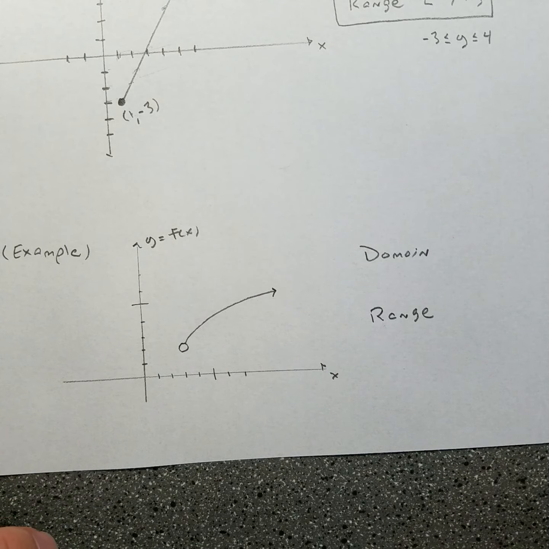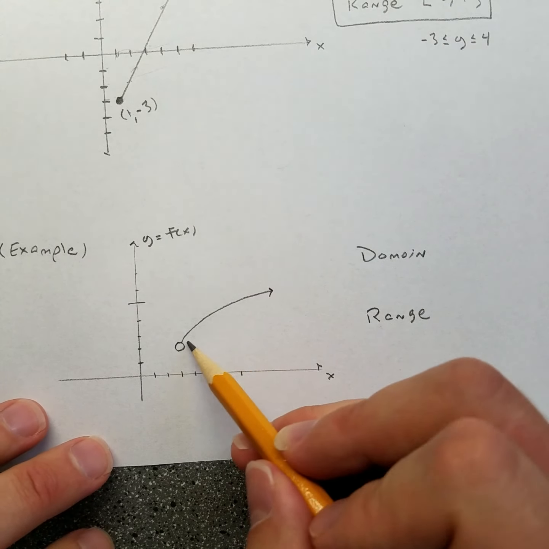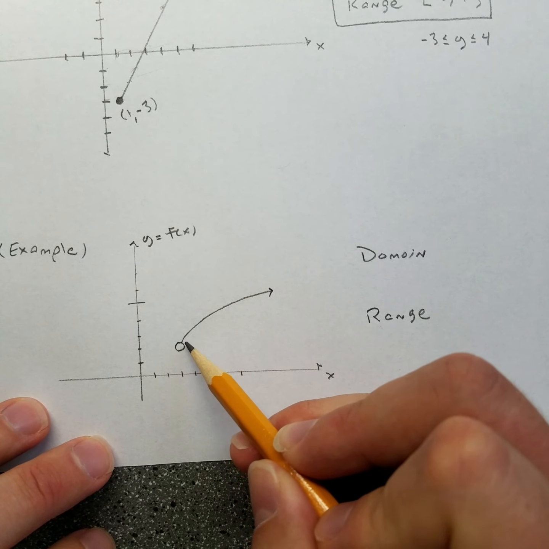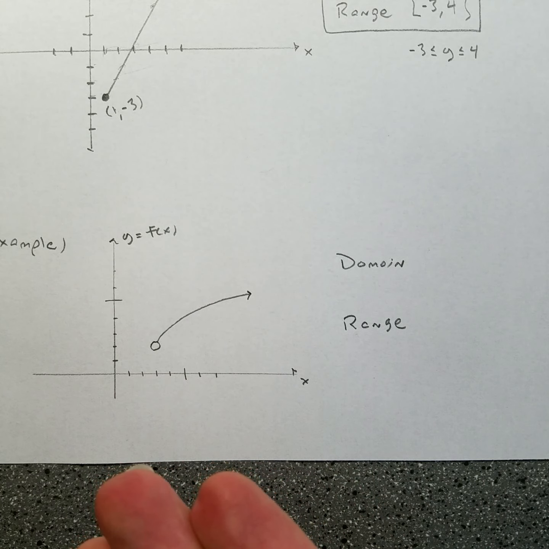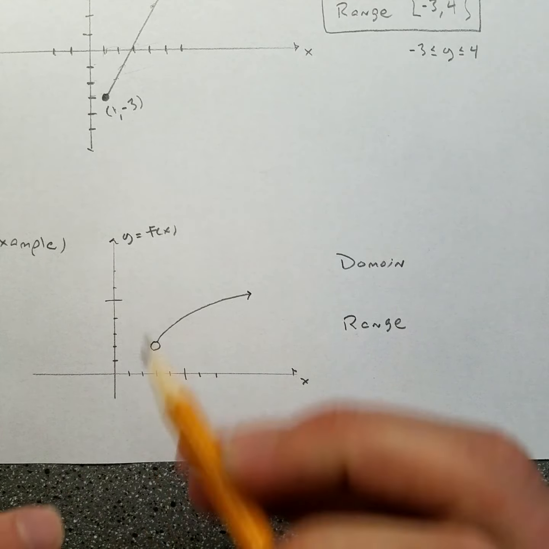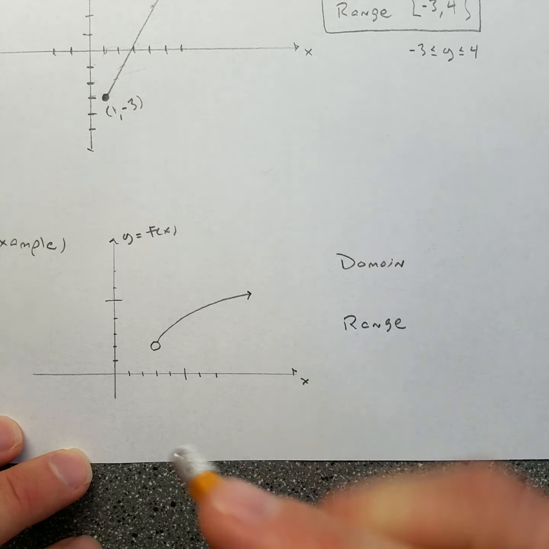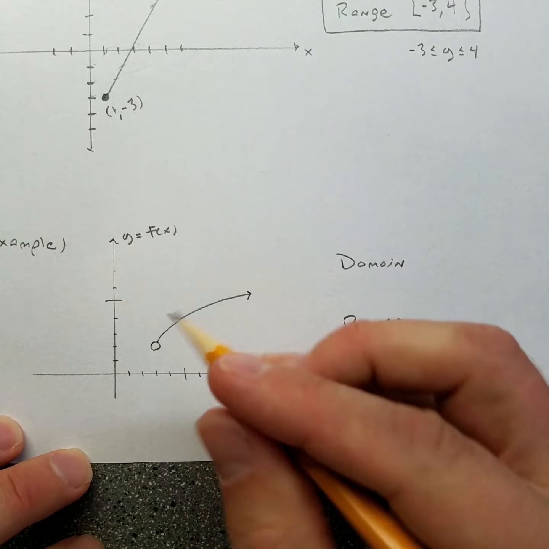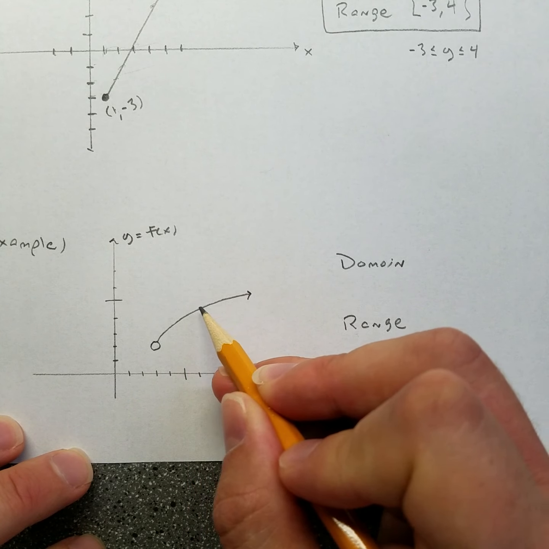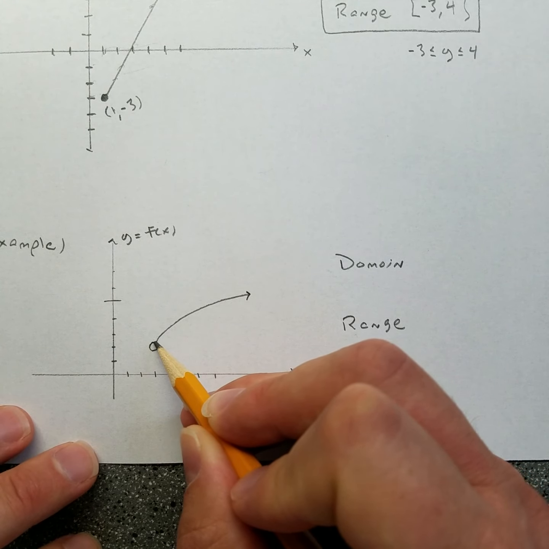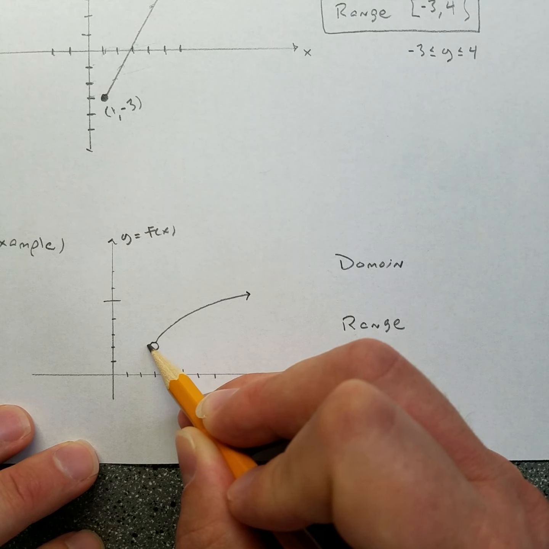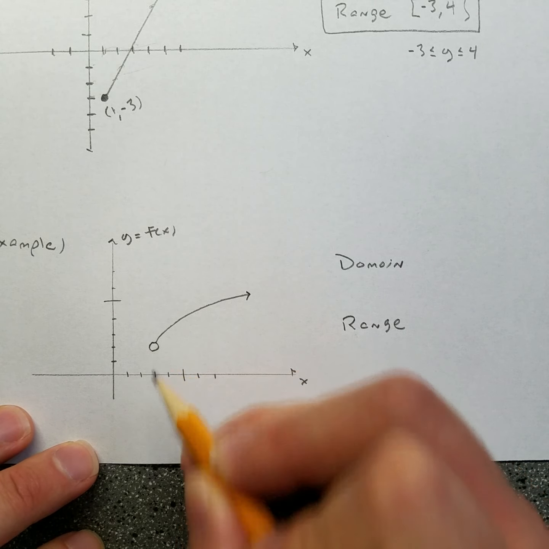Now, first of all, that's open, meaning that I'm not really including it on the graph. And you might say, if it's not there, why do you draw the open circle? Well, because if I don't draw the open circle, it's just too hard to tell where this line of points actually stops. What I'm saying is it goes right up to there, and it doesn't include that.